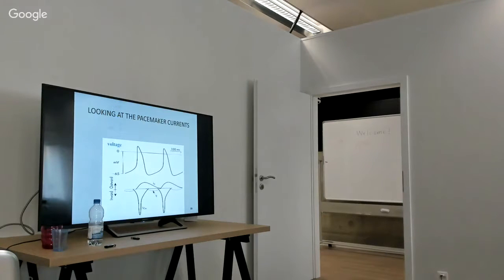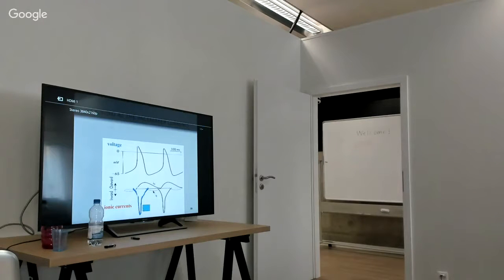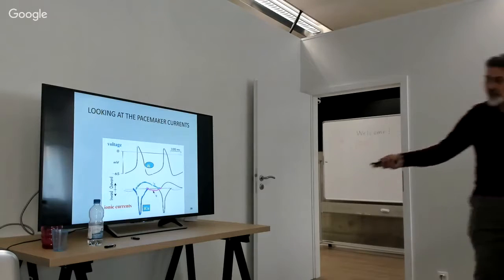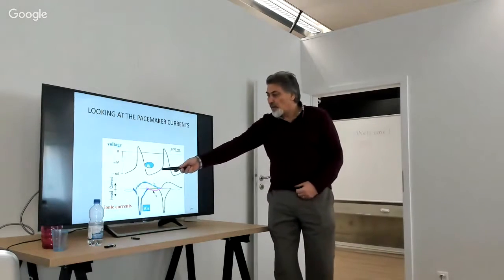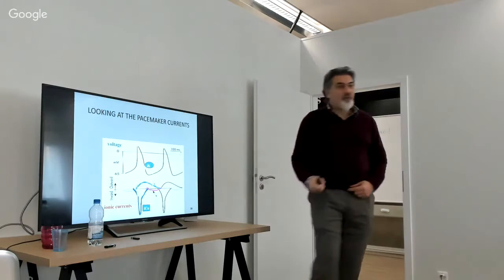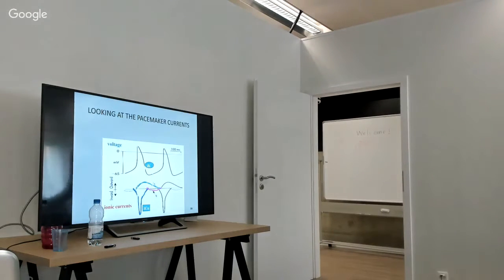So phase 0 is due to the calcium that goes in. Here it's the potassium that goes out in repolarization. And the prepotential is called diastolic depolarization. It's due to the funny current and the calcium transient current.